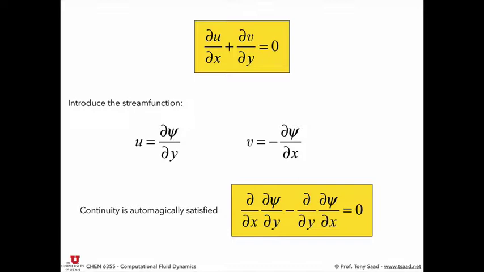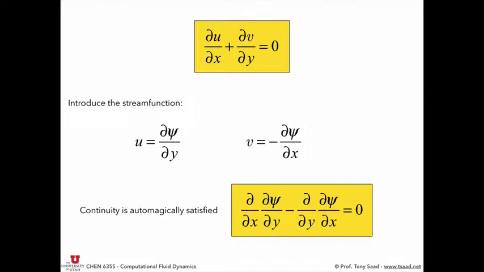So we got rid of the pressure. We combined the velocity and the two momentum equations into one, okay, and we introduced the stream function. So now we have two new unknowns, omega and psi. All right, the pressure is no longer an issue, neither is the continuity equation, because by definition, the stream function satisfies the continuity equation.